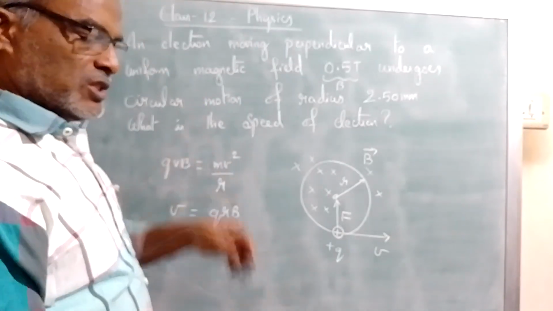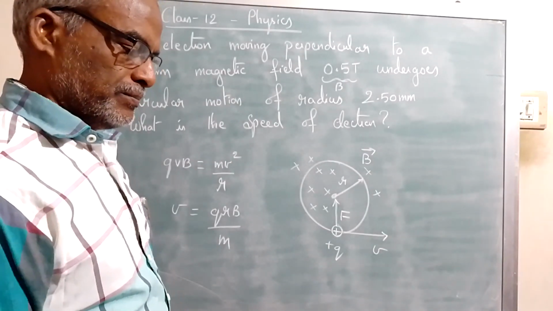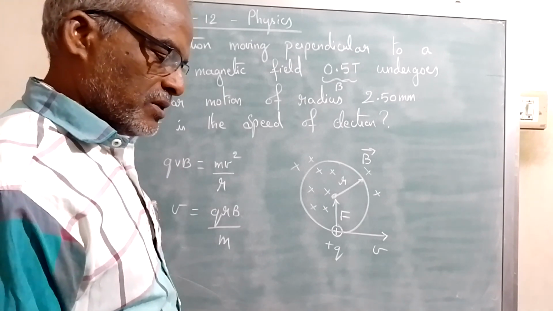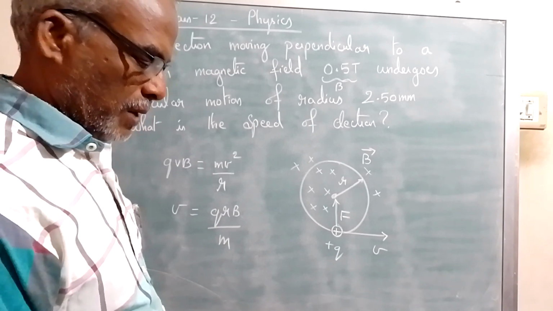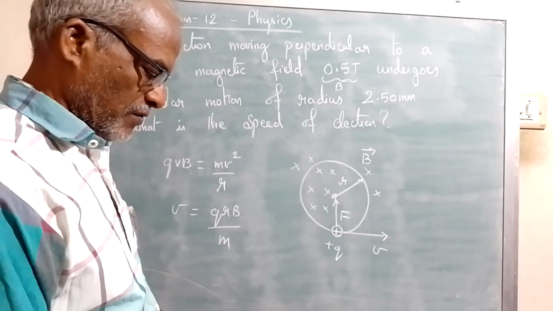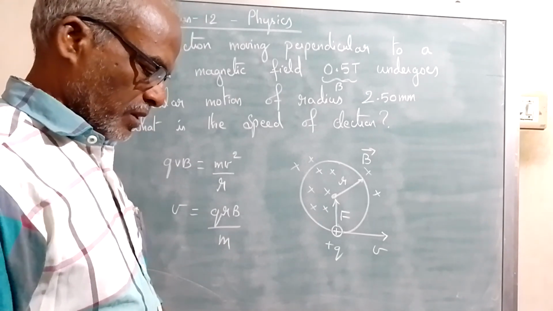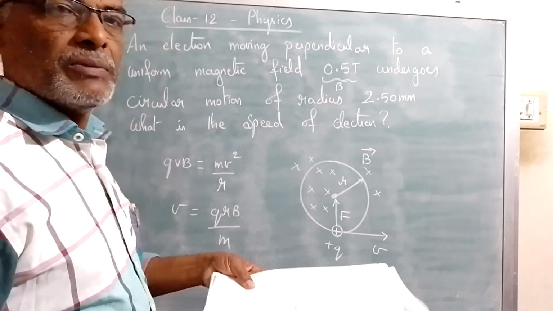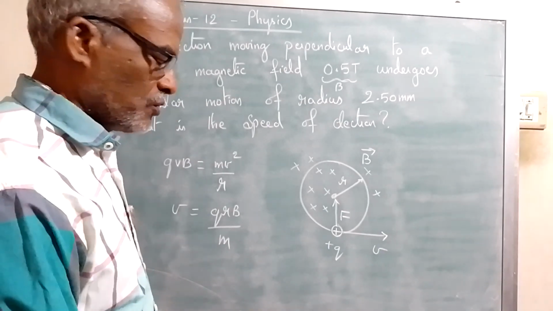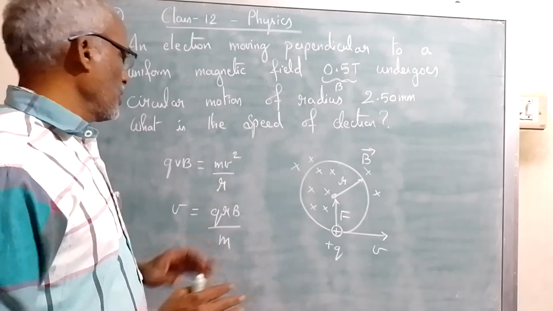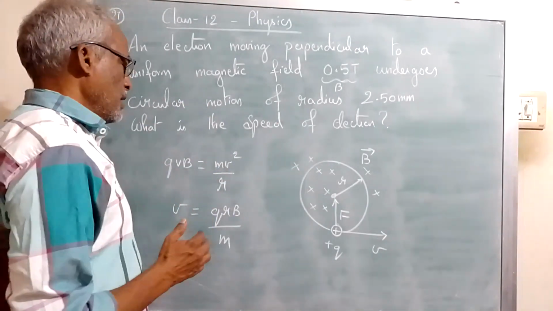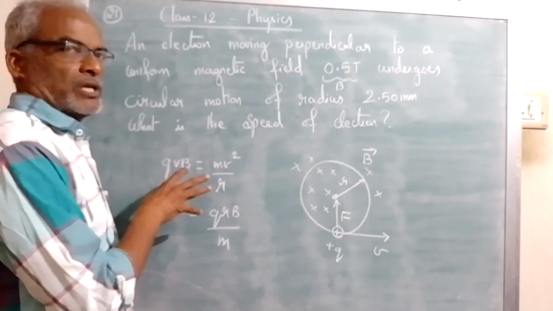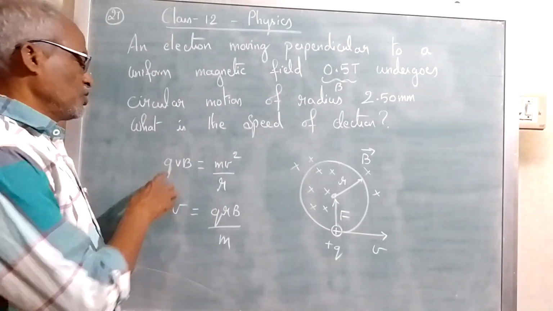You might have studied this in chapter 3, section 3.10.2, motion of a charged particle in a uniform magnetic field in your textbook, and this problem has been discussed there itself. The key concept you have to remember is that the centripetal force can be equated to the Lorentz force, which is QVB.